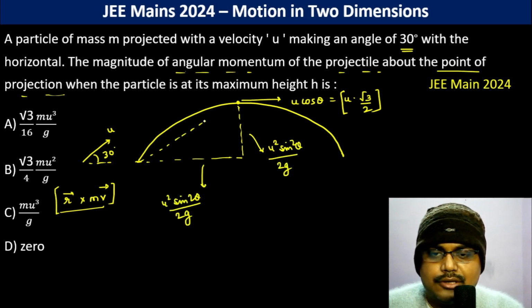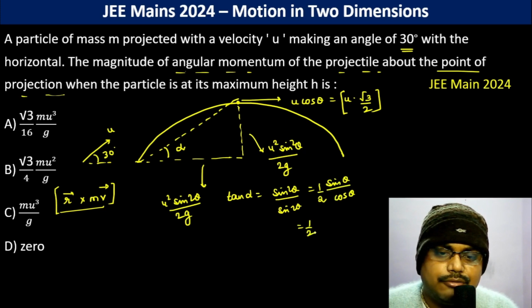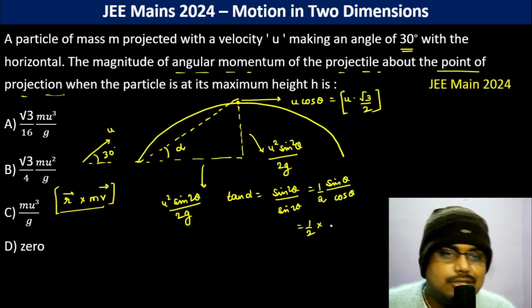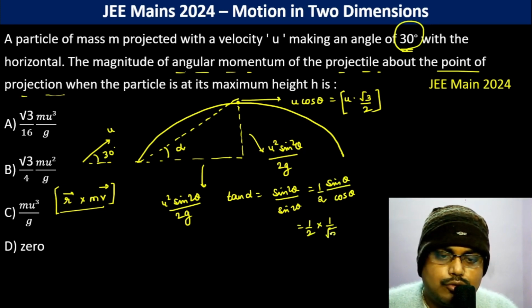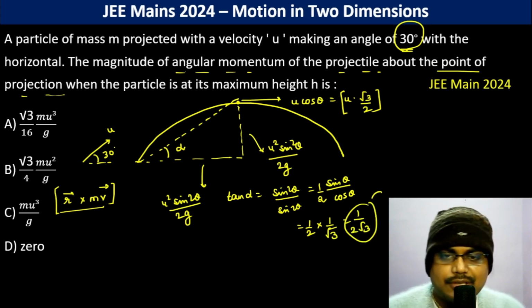So if you calculate this alpha, so tan alpha becomes sine square theta by sine 2 theta, which is sine theta by, so 1 by 2 sine theta by cos theta. So this is half into tan theta. Tan theta is, tan 30 degree is 1 by root 3, so it is 1 by 2 root 3.